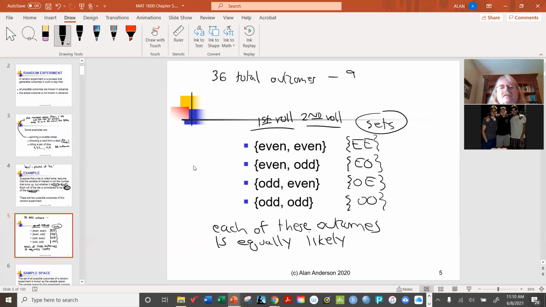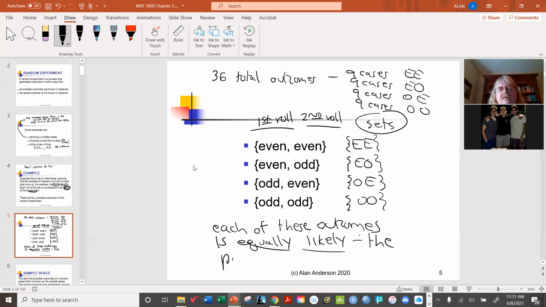In 9 cases, you get EE. 9 cases, you would have EO. In 9 cases, you would get OE. And in 9 cases, you would get OO. So that means each one of these is equally likely. Specifically, the probability is 9 out of 36, which is 1/4.